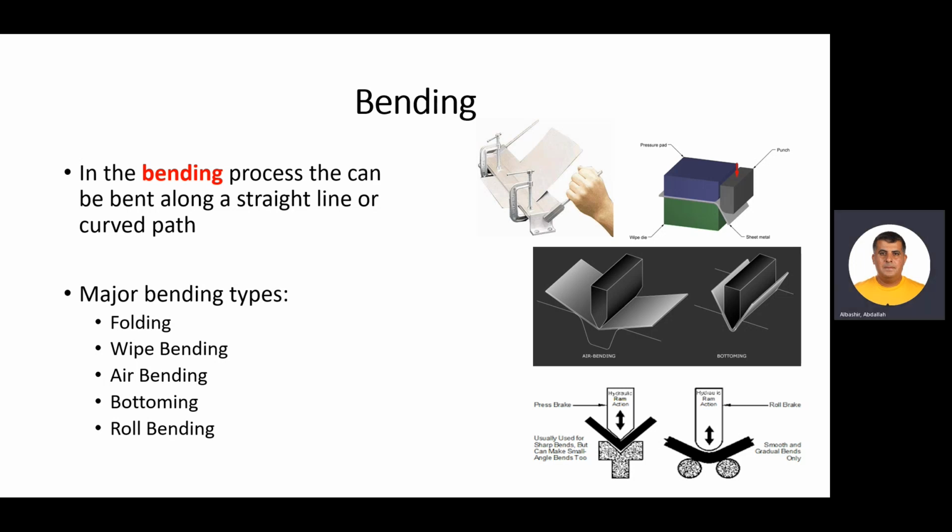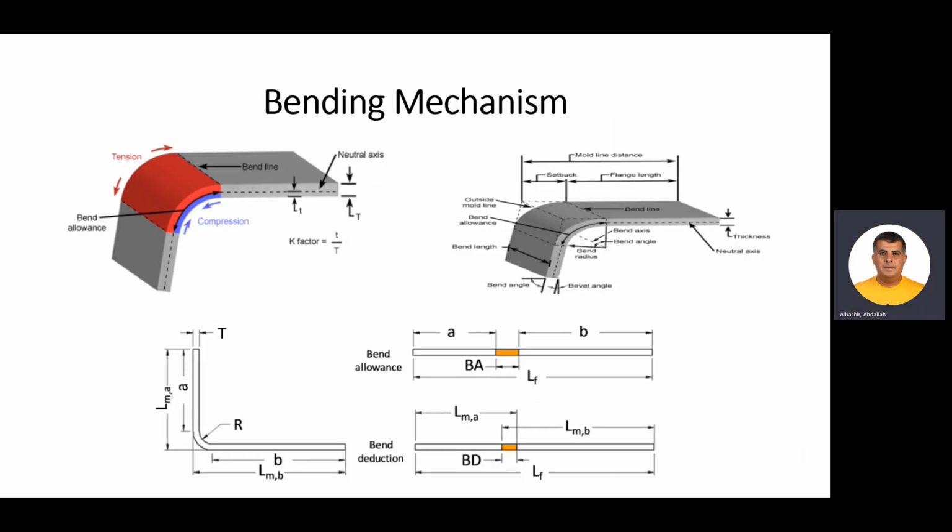We can see here the bending mechanisms. Okay, it starts flat, and when we apply bending, that causes tension on one side of the sheet metal and compression of another side.